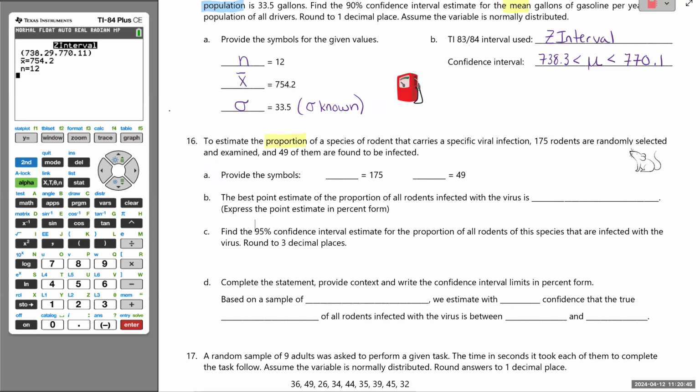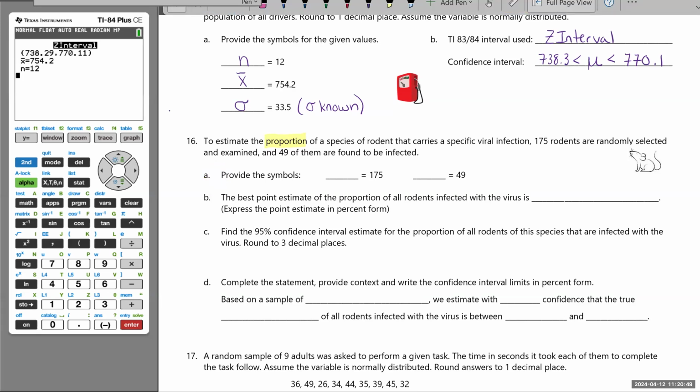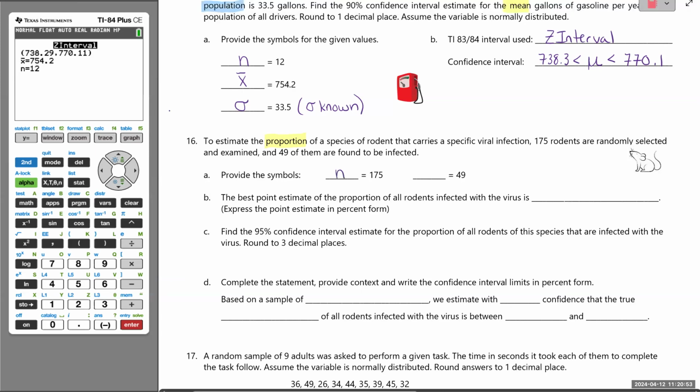All right, so when we're looking at proportions here, we need to know N, our sample size. So that was 175 rodents. And X, the number of successes. So X, in this case, is 49 of them. All right, so B, the best point estimate of the proportion of all rodents infected with the virus is.